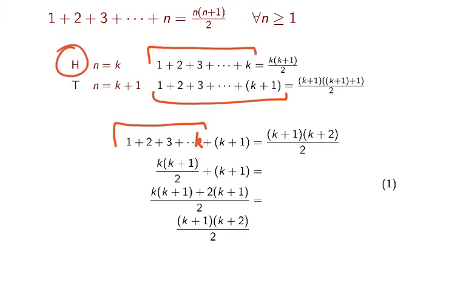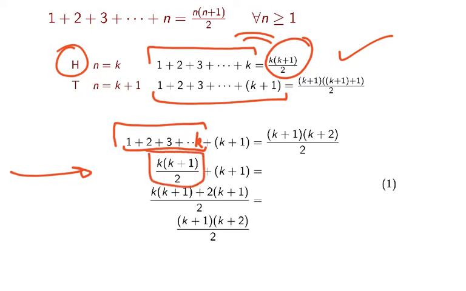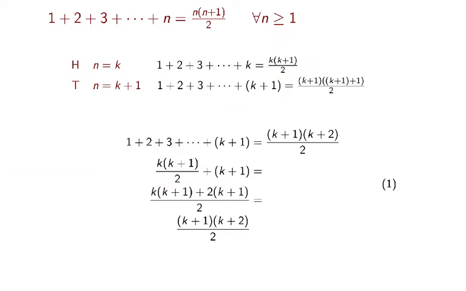Because of that, all this part can be substituted by this, because we know that these two things are equal. That is what I'm doing here in the second step. I'm saying all this is actually k times k plus 1 over 2, because I know that by the hypothesis of induction. And this second part here, I just copy as it is, right? So this first part was this, and this blue part I just copy as it is.